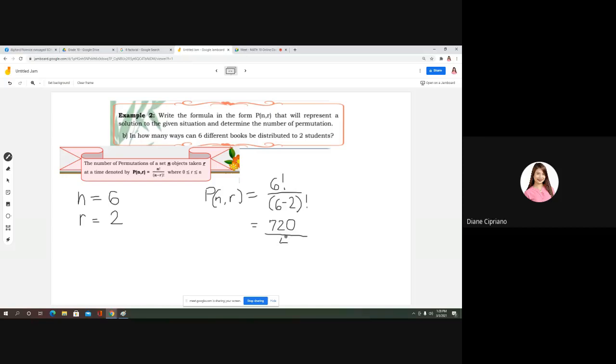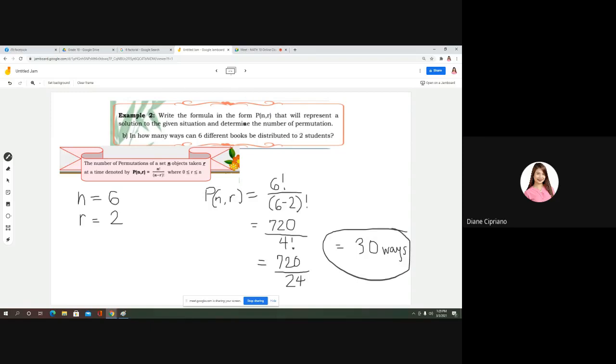So 4 factorial. What is the value of 4 factorial, Biel? 24 po. Are you sure? Opo. Okay, and then what's next? Divide po sila sa isa't isa, ma'am. What is the answer? 30, ma'am. So, what is the answer to the question? How many ways? We have 30 ways.